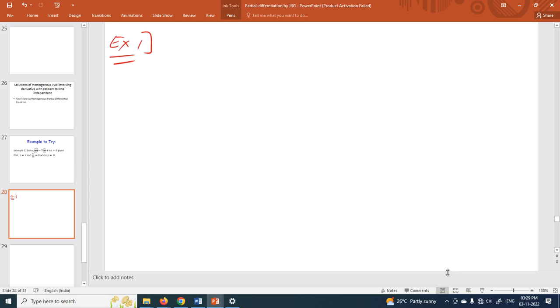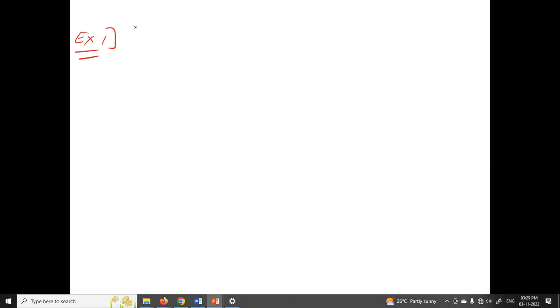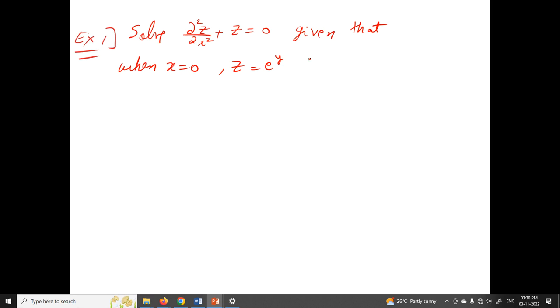Please write down the example. Solve ∂²z/∂x² + z = 0, given that when x = 0, z = e^y, and ∂z/∂x = 1.